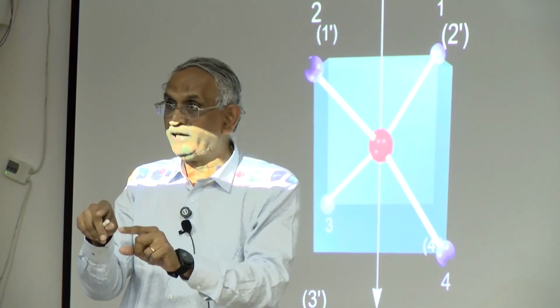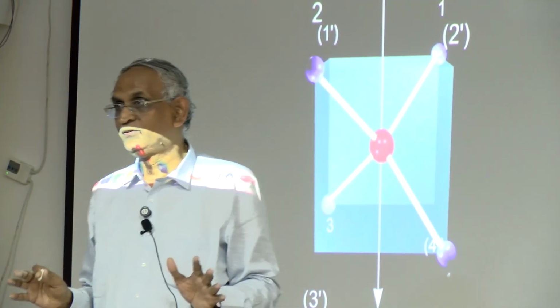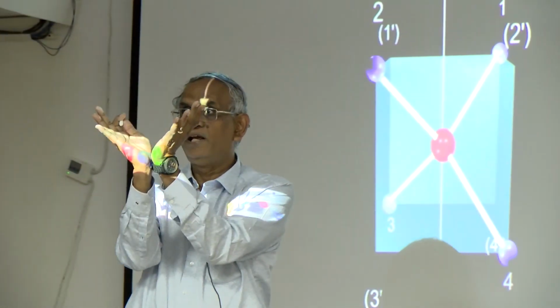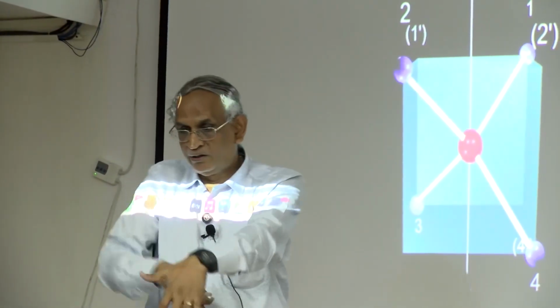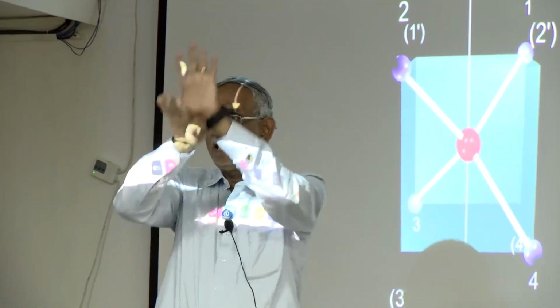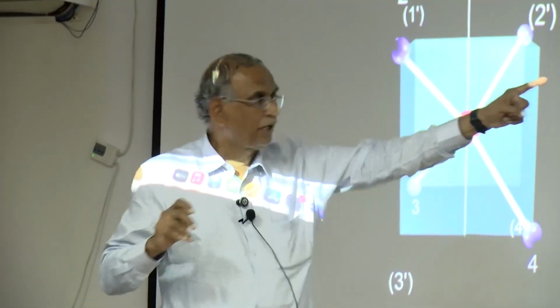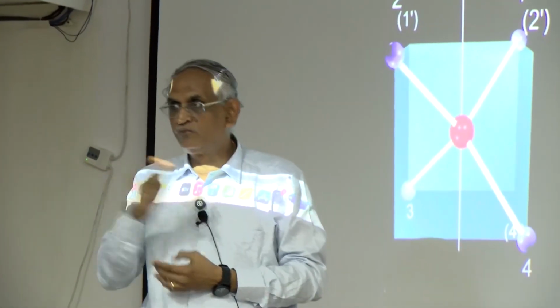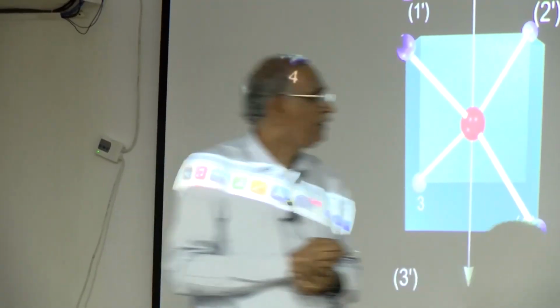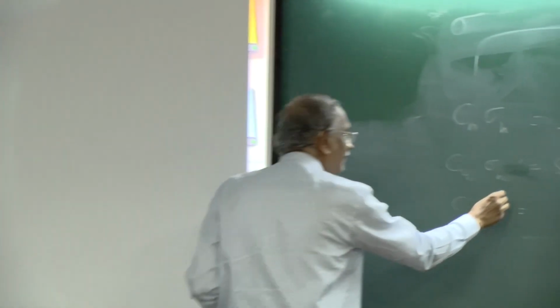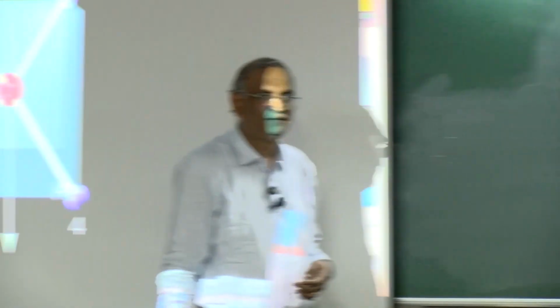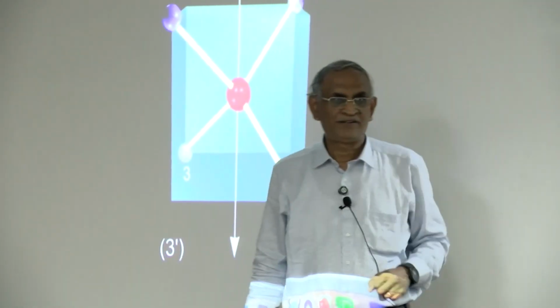Now you do a sigma h, it's going to displace all the atoms. The other two atoms on this side will get reflected into the vacant positions, and so the molecule is not the same. Therefore, this is not an element. But C2 is an element.